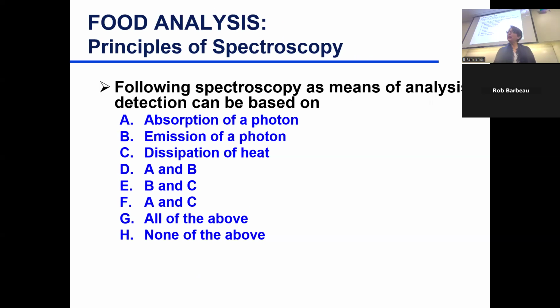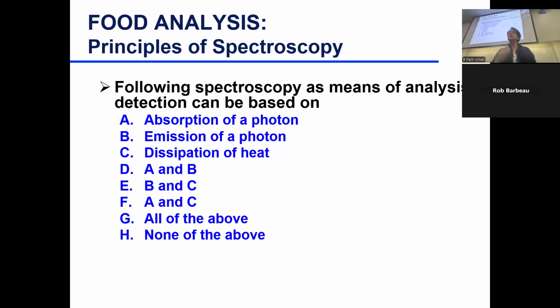So following spectroscopy as a means of analysis, detection can be based on absorption of a photon of light, emission of a photon, or dissipation of heat. What do you know for sure is correct?